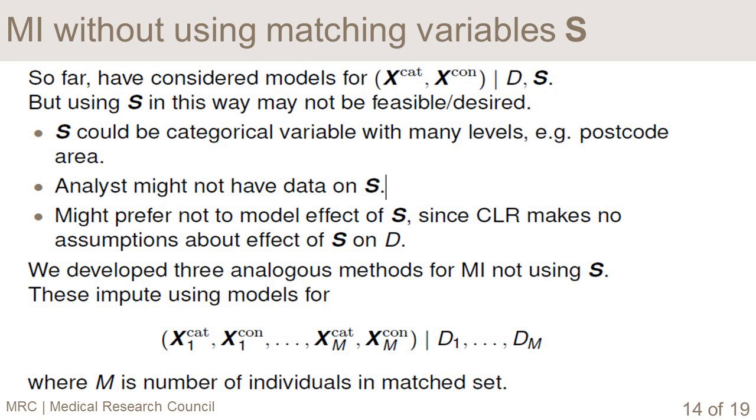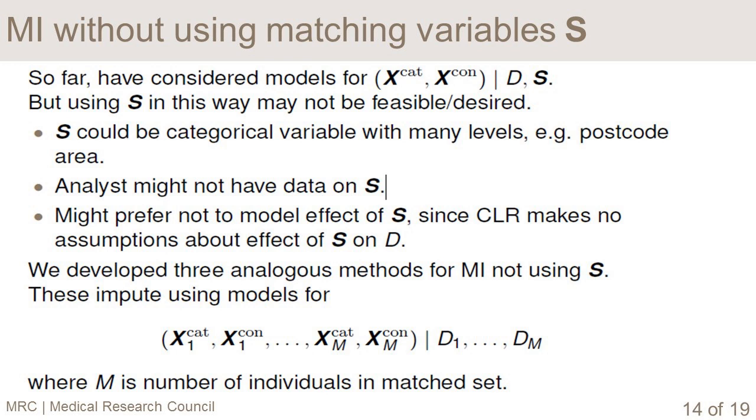The second reason is that the analyst might not have been given data on the matching variables, perhaps for confidentiality reasons. And the third reason is that the analyst may prefer not to model the effect of the matching variable, arguing that they used conditional logistic regression in order not to have to make assumptions about the effect of the matching variables on the disease risk, and hence they don't want to model the effect of X on the covariates either.